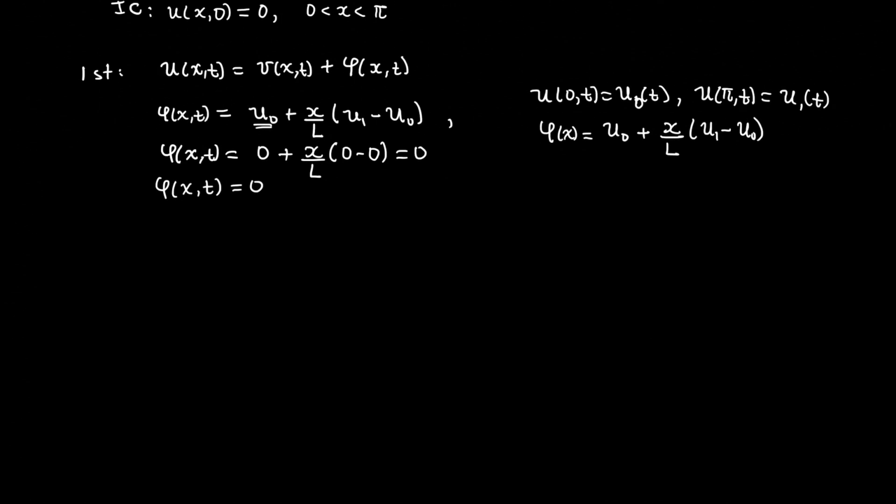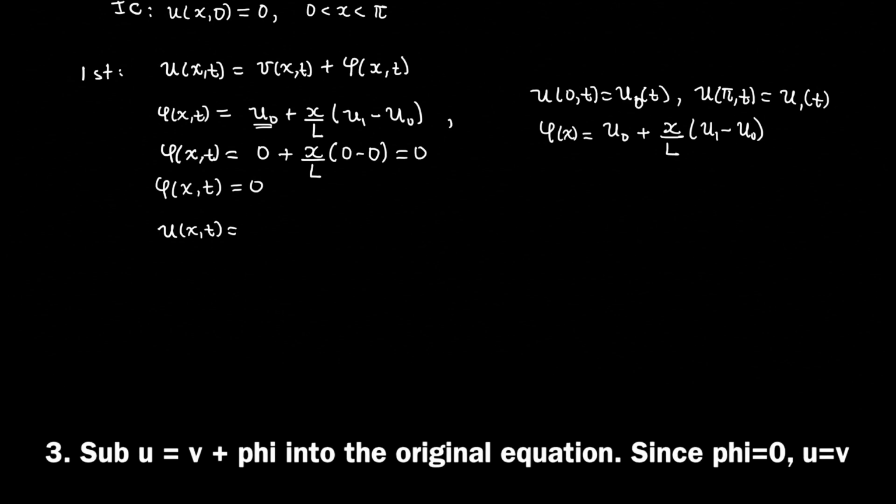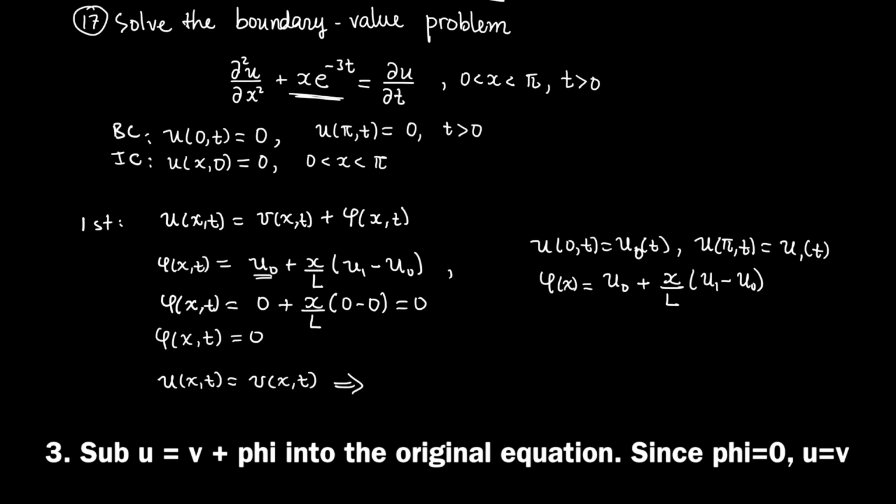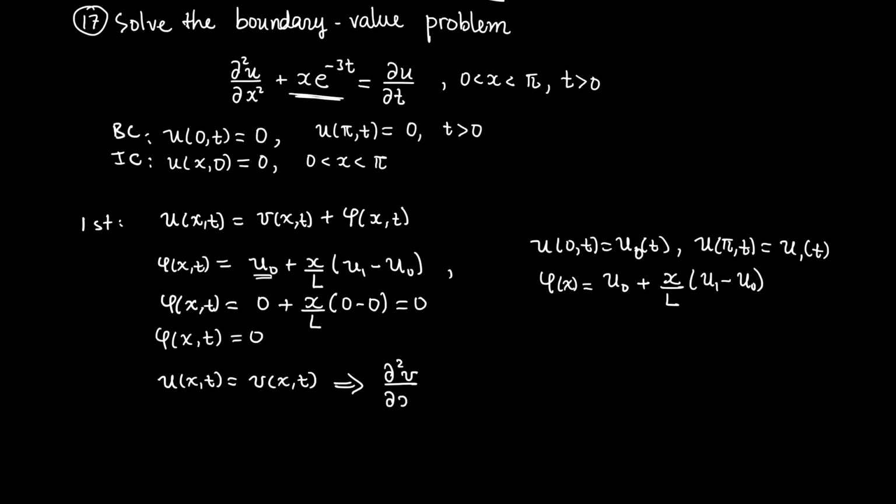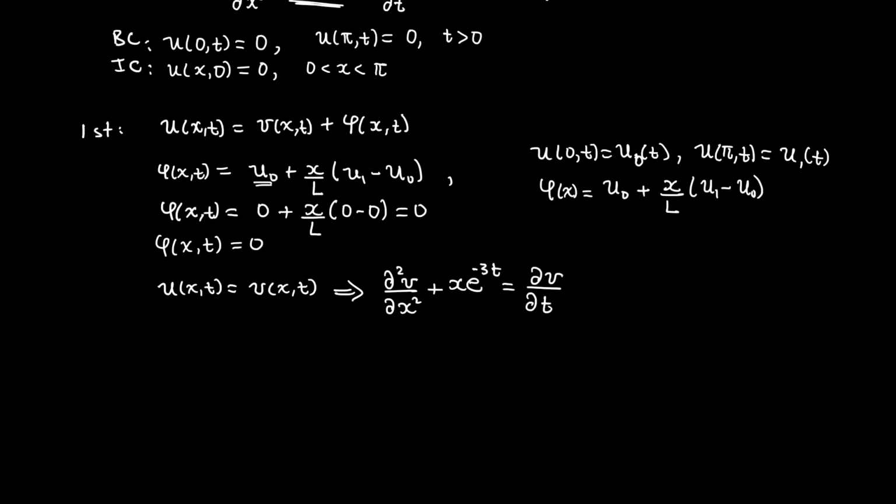Now, next step, u(x,t) is then just v(x,t). If I substitute into the original equation, the equation becomes this problem with v, so nothing really changed. The conditions for v are still the same because u(x,t) equals v(x,t).